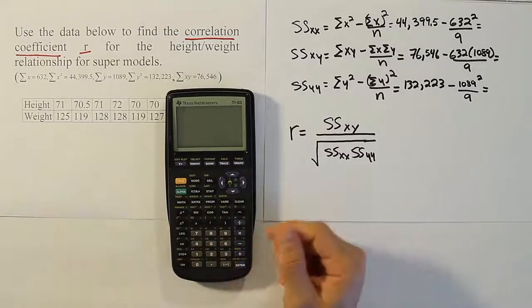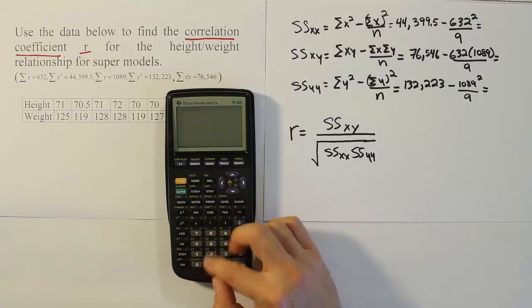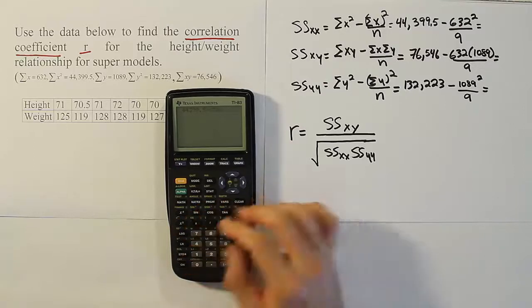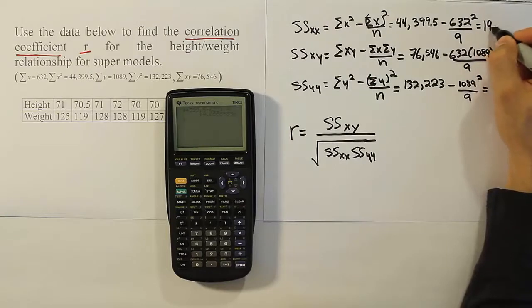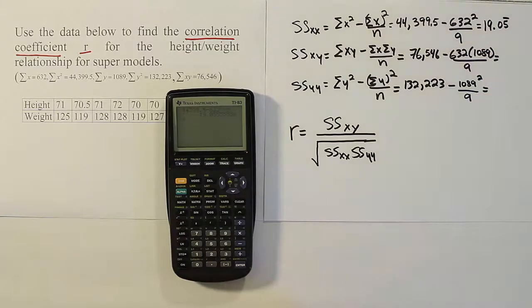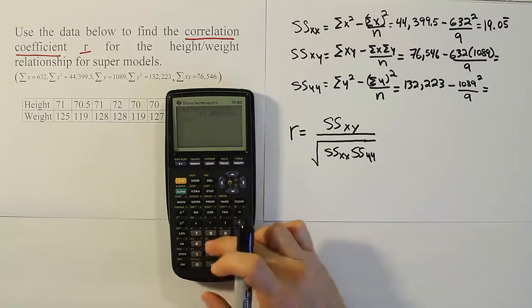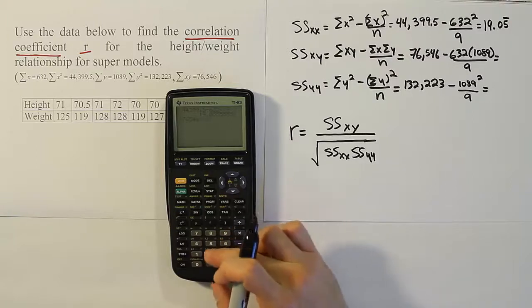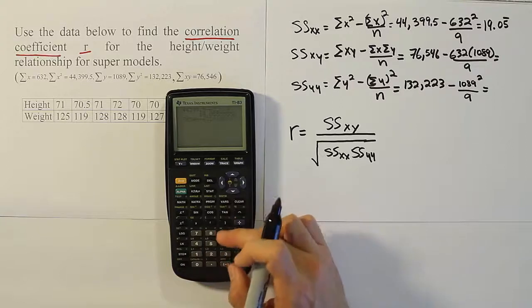So we'll start with the top one, sum of square xx. It's 44,399.5 minus 632 squared divided by 9. When you're done, you get the answer 19.05 repeating. All right, then for the sum of square xy, we have 76,546 minus 632 times 1089 divided by 9.